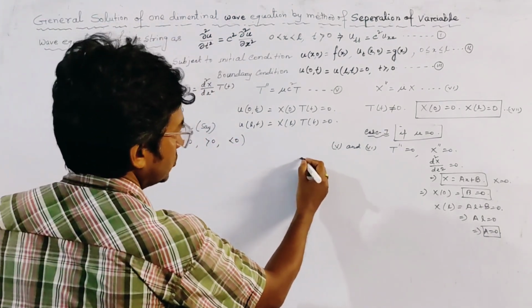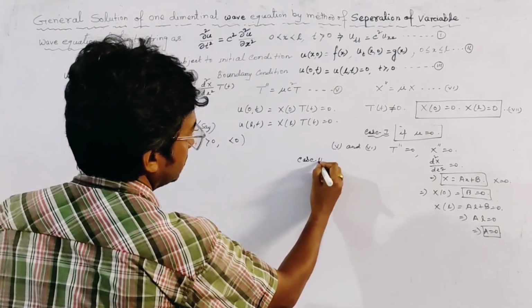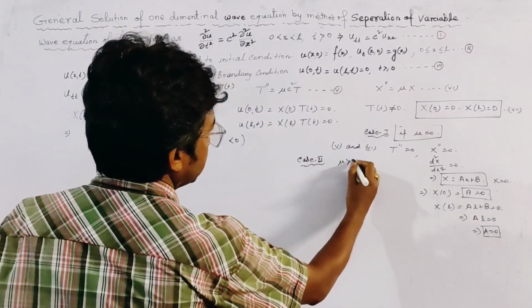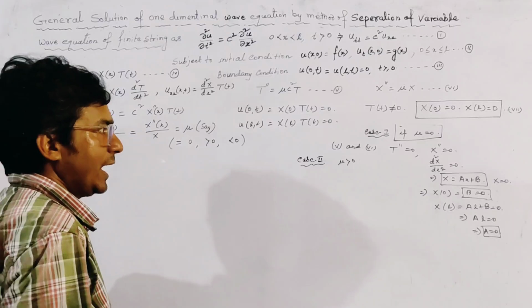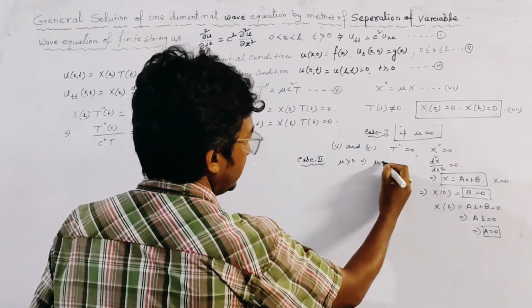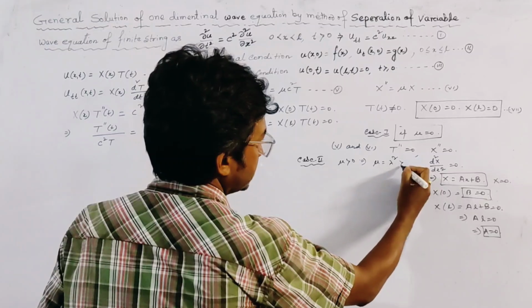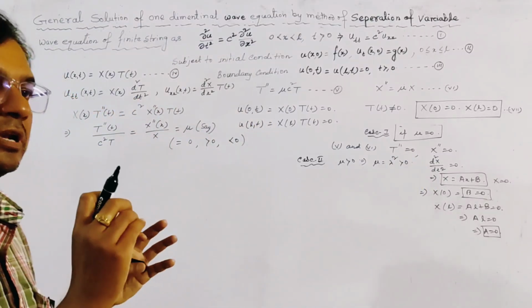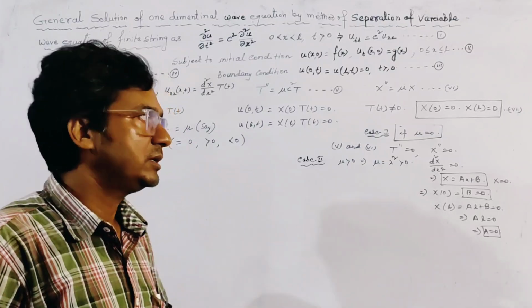Now in case 2, we take mu greater than 0, and then we take mu equal to lambda square, which is always positive, whatever the value of lambda, where lambda is real.